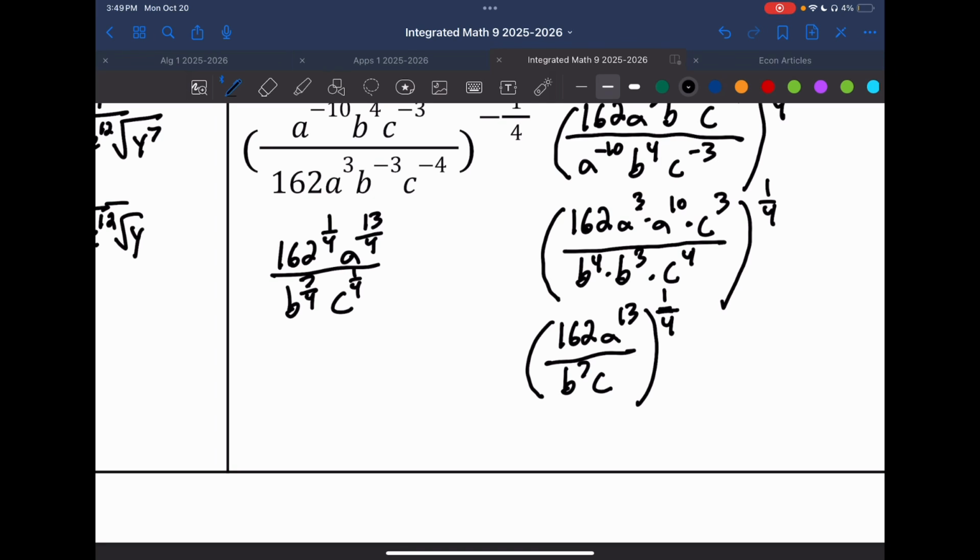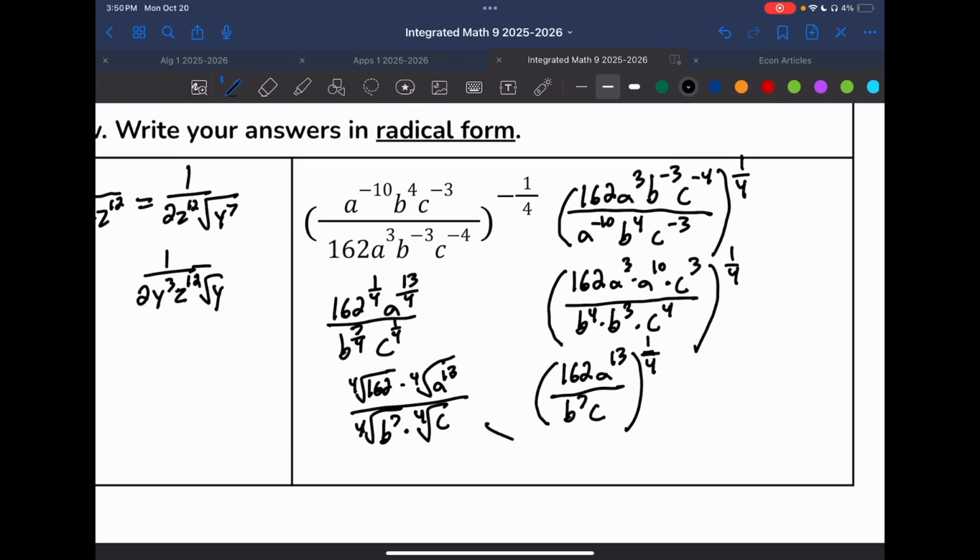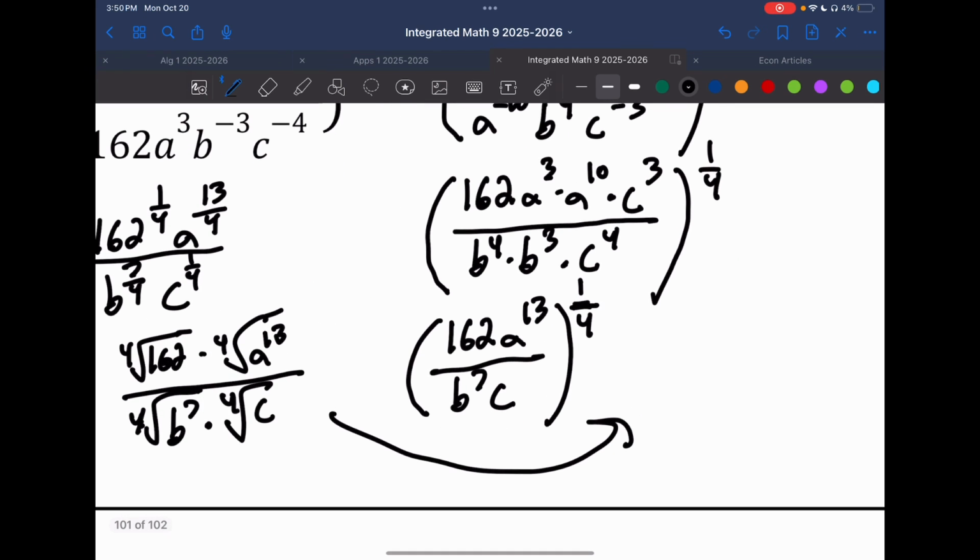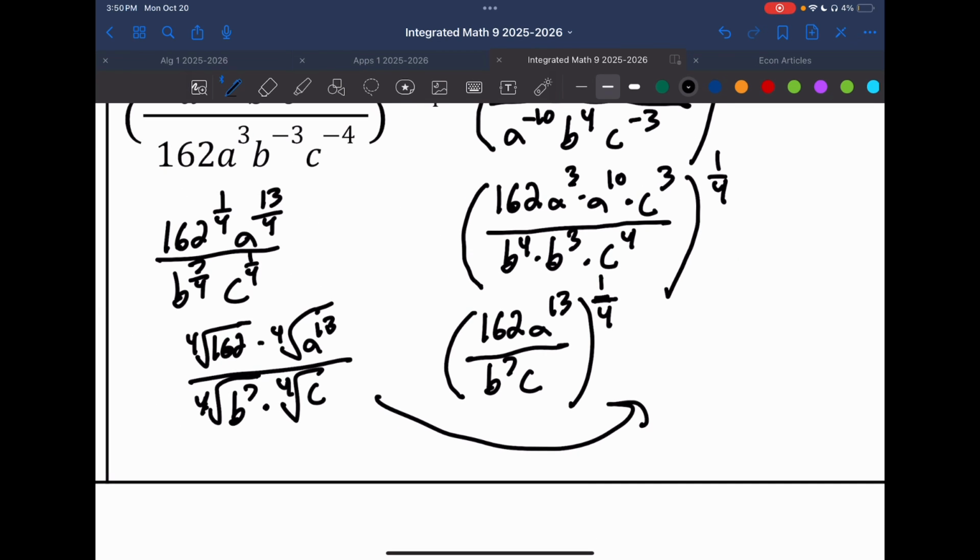And now I can turn those all into radicals. So we can write this as the 4th root of 162 times the 4th root of a to the 13th, over the 4th root of b to the 7th times the 4th root of c, which I can simplify. Remember, 3 to the 4th is 81, and 81 times 2 is 162.